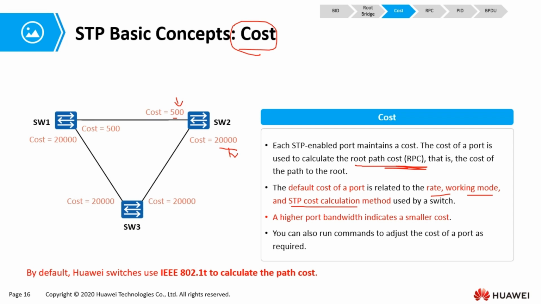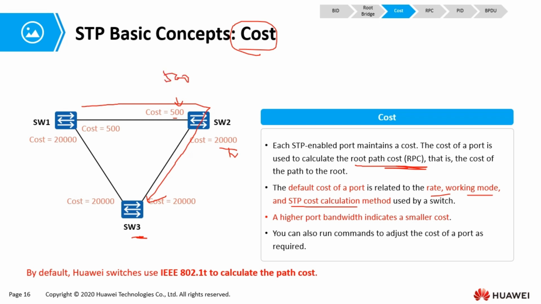For example, if I want to reach switch 3 from switch 1, how do I calculate the path cost? I go from switch 1 to switch 2, then switch 2 to switch 3. Switch 1 to switch 2, my cost is 500.